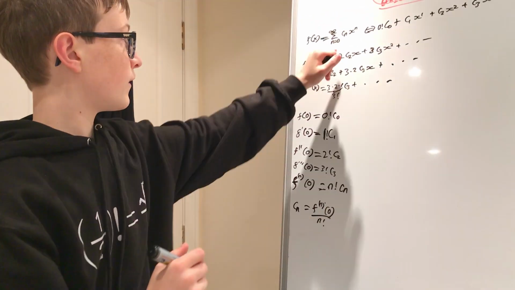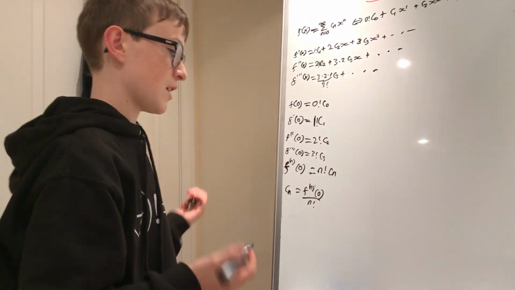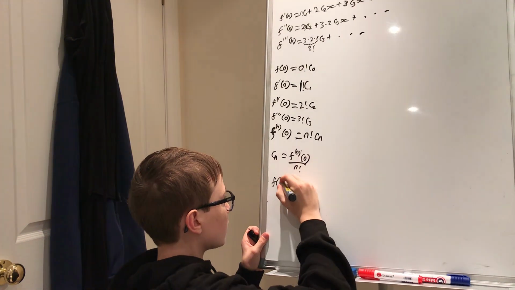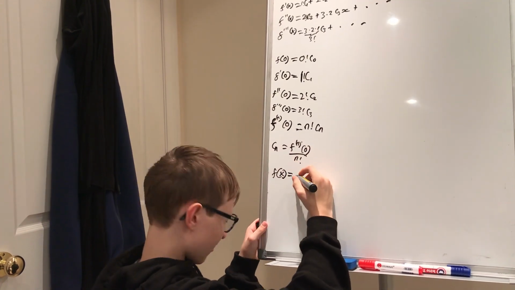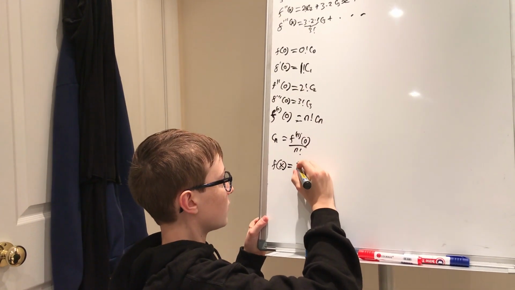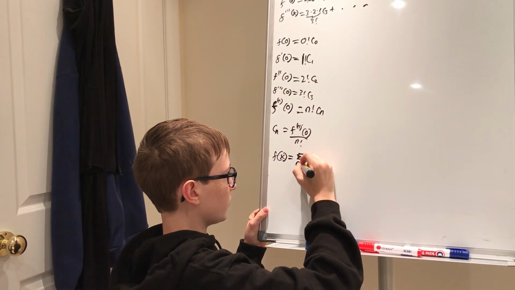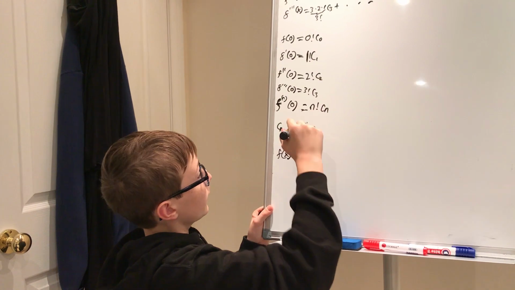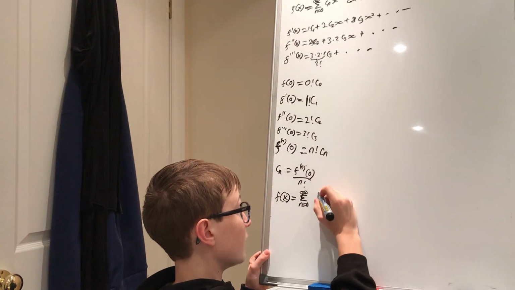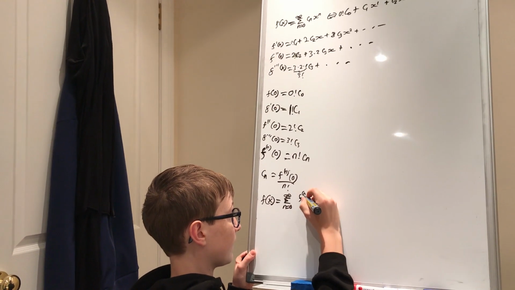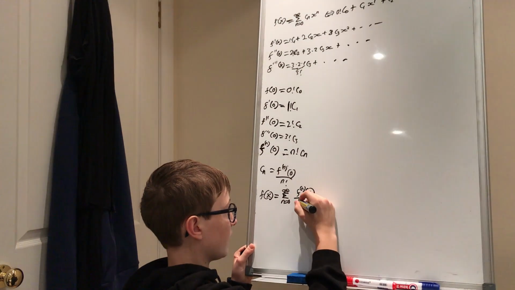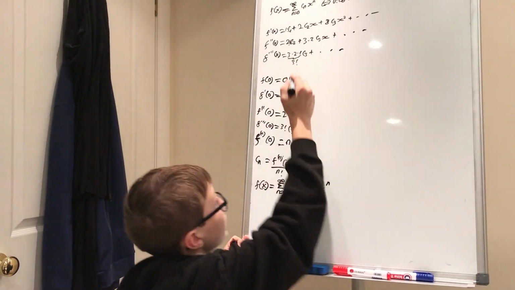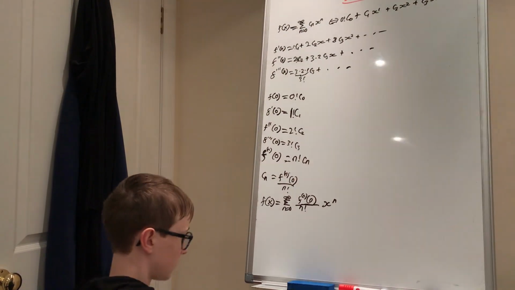So now we can plug this into here, meaning f of x equals the sum as n goes from 0 to infinity of, this is just the same as Cn, so f^(n)(0) over n factorial times x to the n, like there.